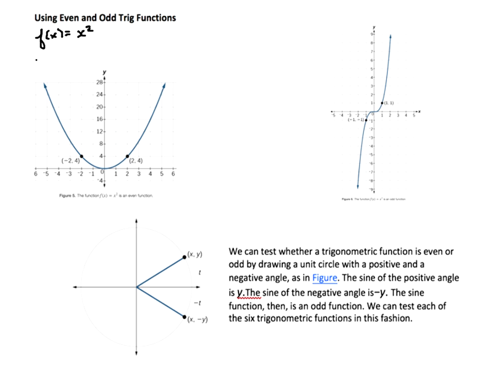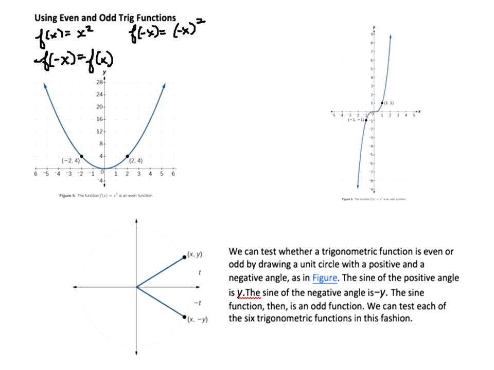And any even function is going to have the property that if I plug in negative x for x into the function, I'm going to get out the original function that I started with. In other words, none of my signs change.